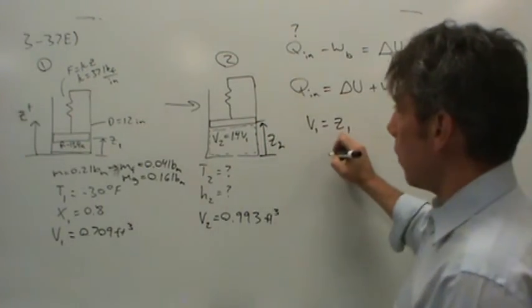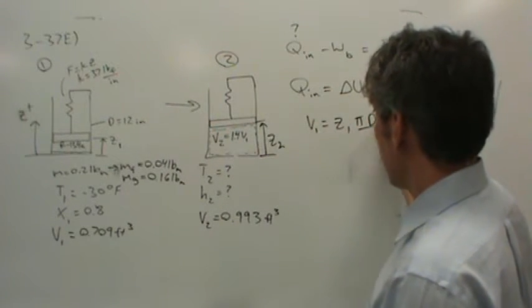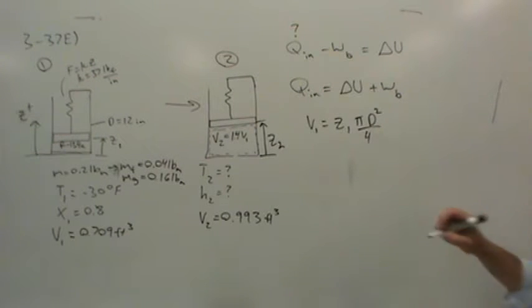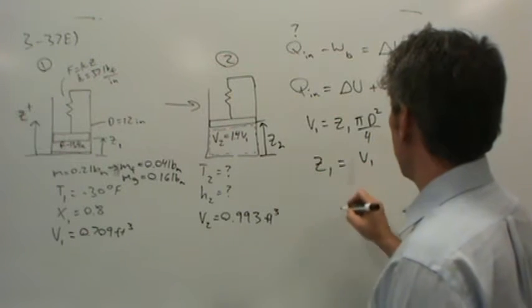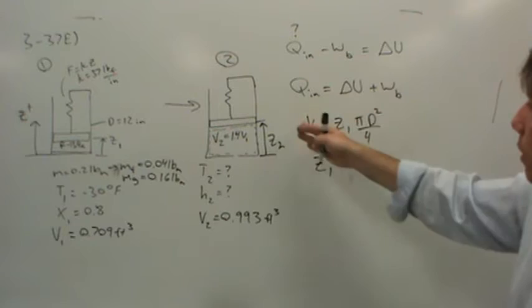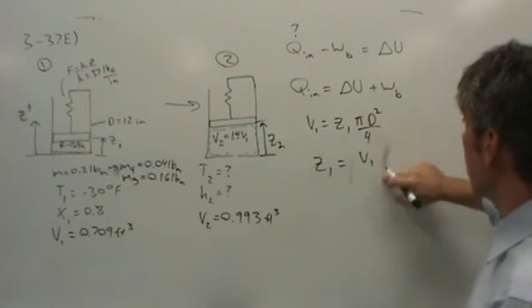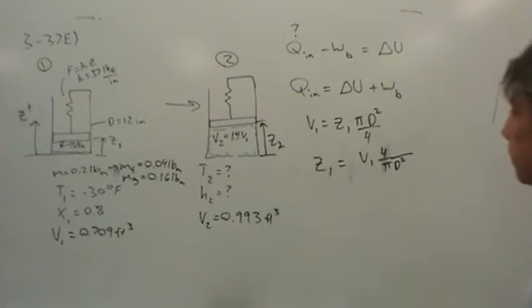So Z1 is the height multiplied by the area, but the area is just pi d squared over 4. If we rearrange and solve for Z1, I'll move this term to the other side, so I'll invert it and multiply on the other side. Let's try again: 4 over pi d squared.